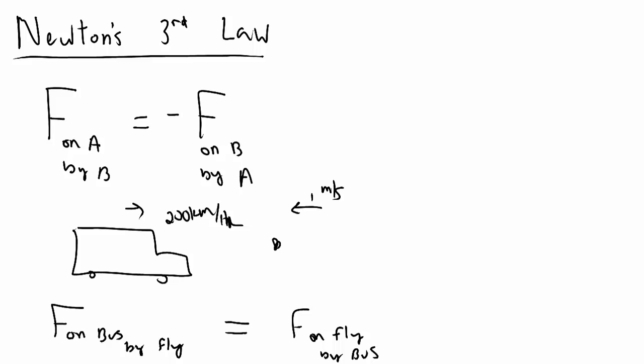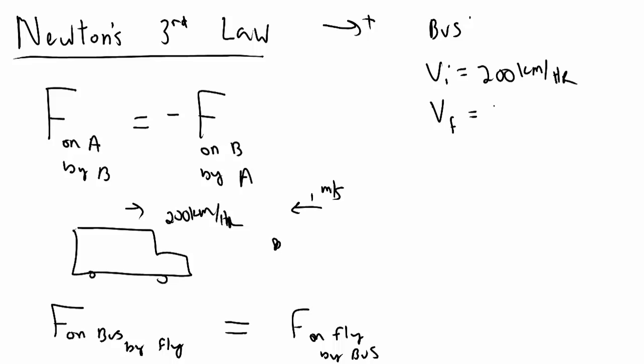And in this case, I do agree that the effects are not the same. So let's make a chart of the velocities of the fly and the bus before and after the collision. For the bus, the initial velocity was 200 kilometers per hour, and let's make to the right positive. And I think you would agree, after the collision, which I'm going to call final, the bus is basically going to be going the same speed as before, maybe just slightly slower.